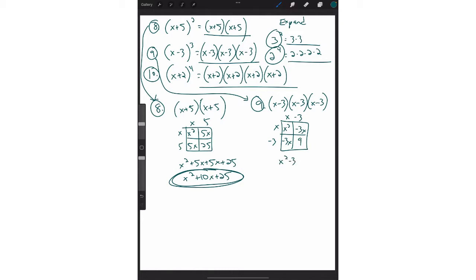X squared minus 3x minus 3x plus 9 gives me x squared minus 6x plus 9. And now that I have that, check this out. I still have to multiply it by x minus 3 again. So I'm going to have a bit of an expanded box, right?